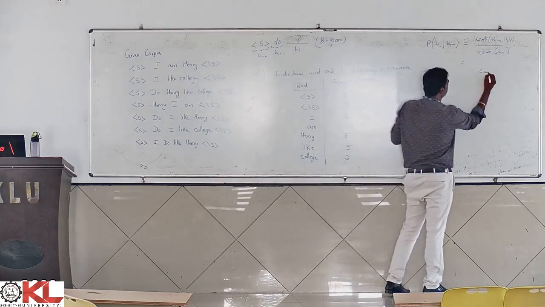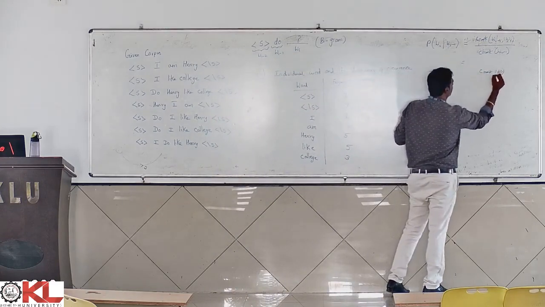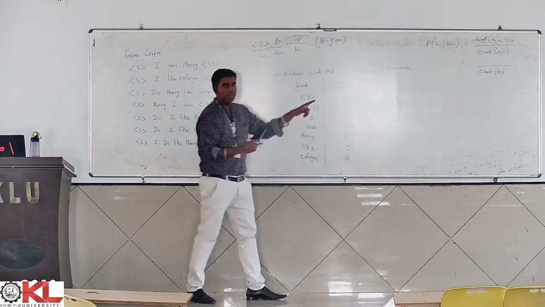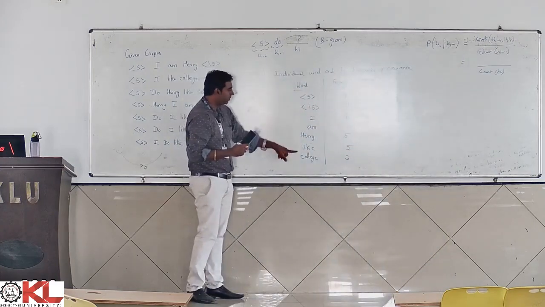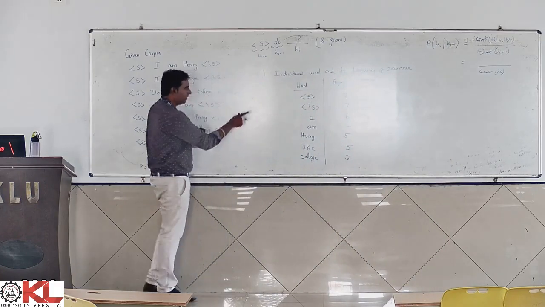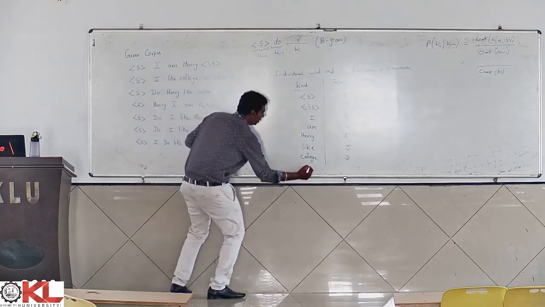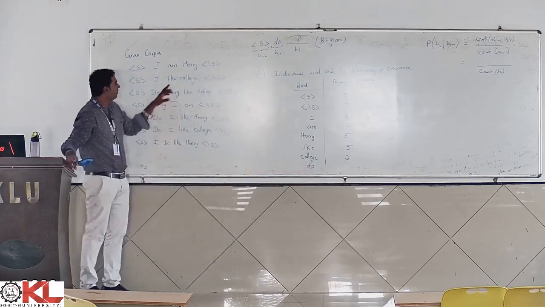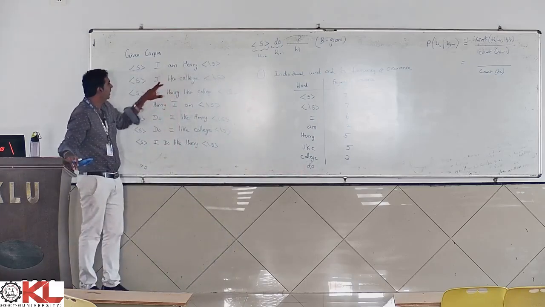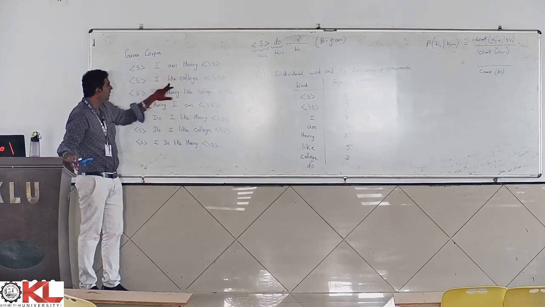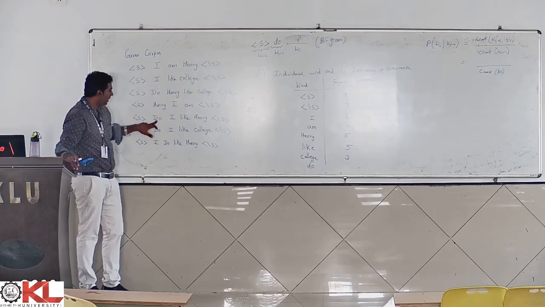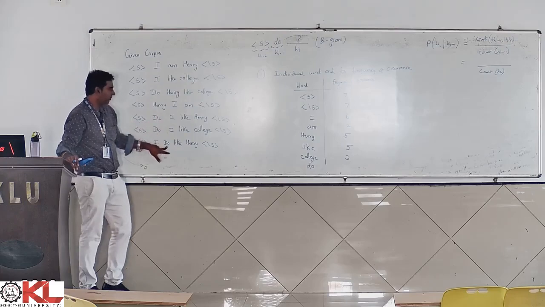So count of do. That means the word do, how many times it comes in the given corpus. Sorry, I didn't write it for the word do. Now check how many times do repeats. Here there is no word called do. Here there is no word called do. Here one time, second time, third time, 4 times.